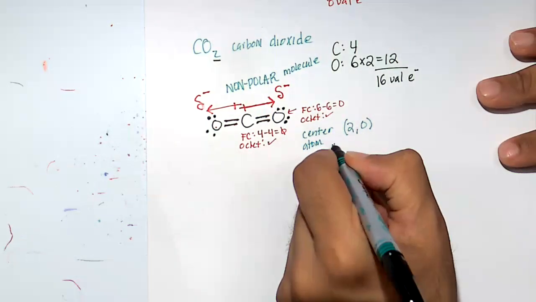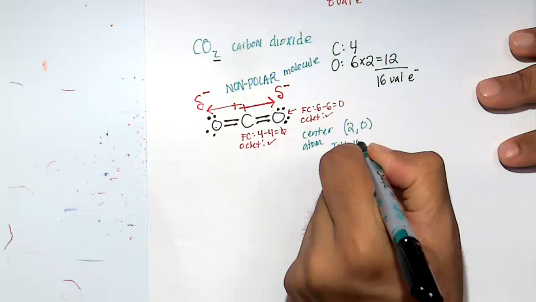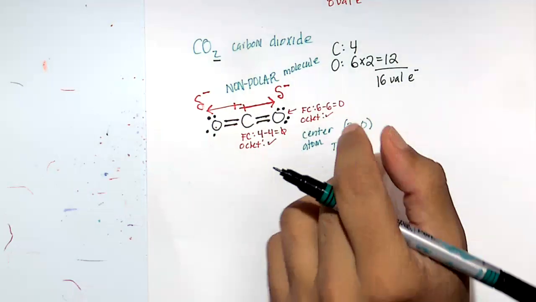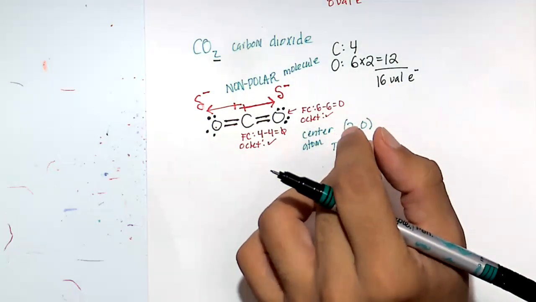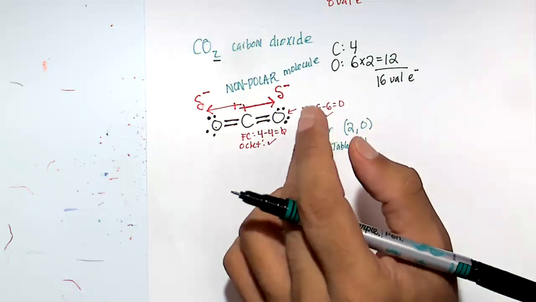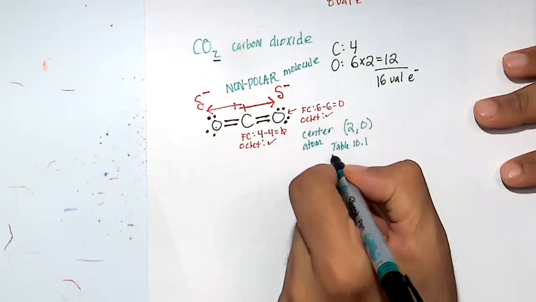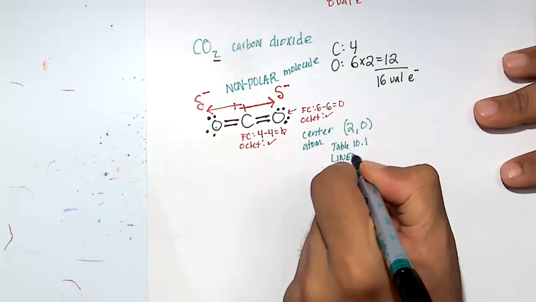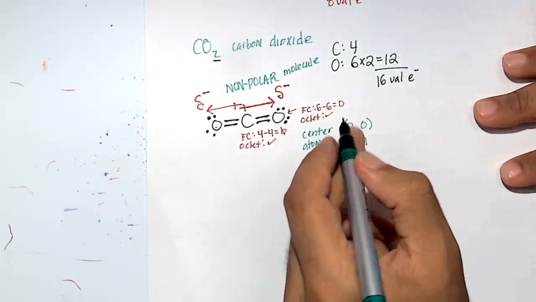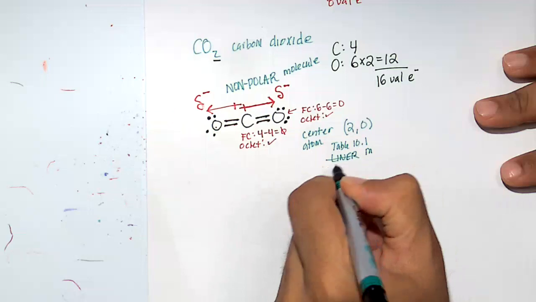If you look at table 10.1 in your textbook, make sure you bring 10.1 and 10.2 to the exam, your home exam. You'll realize 2 bonds and 0 lone pairs is a linear geometry. So this molecule is actually linear.